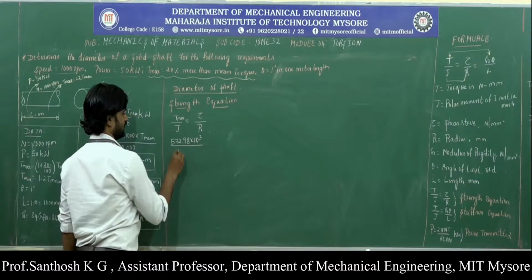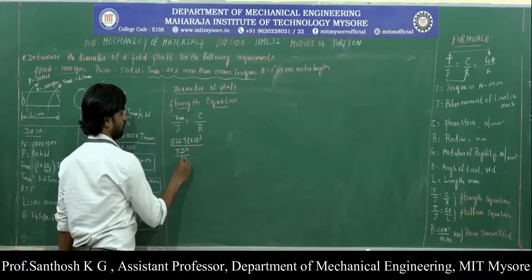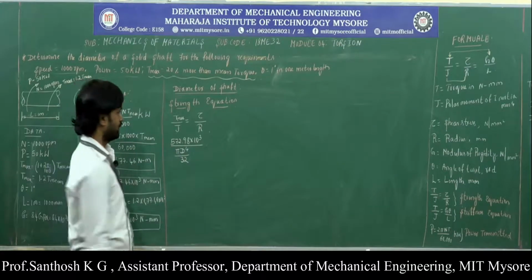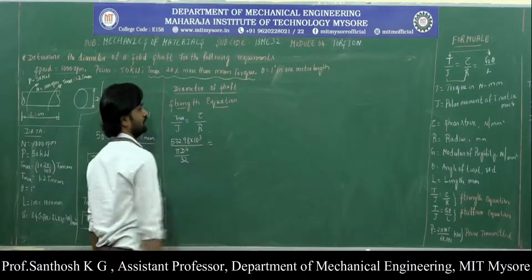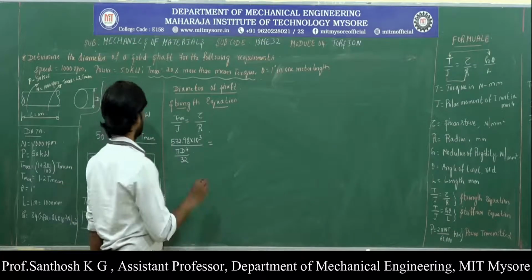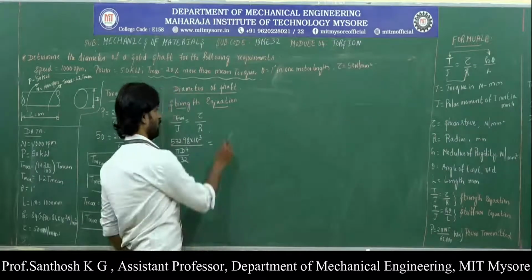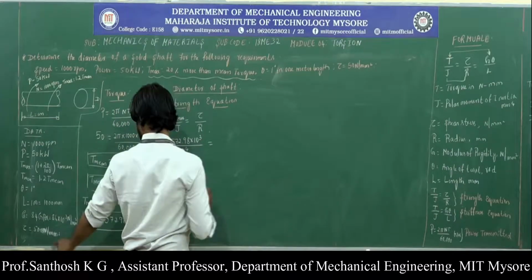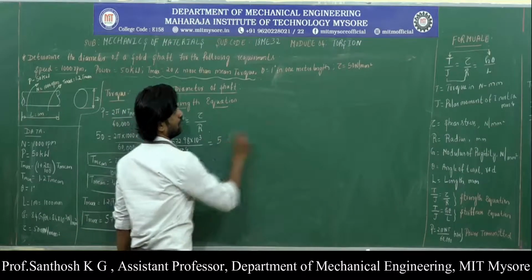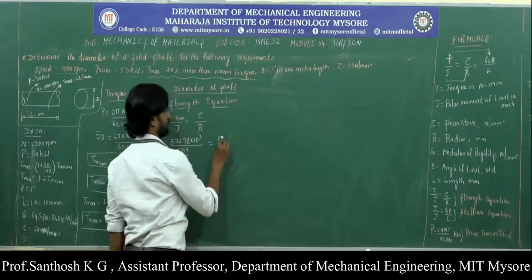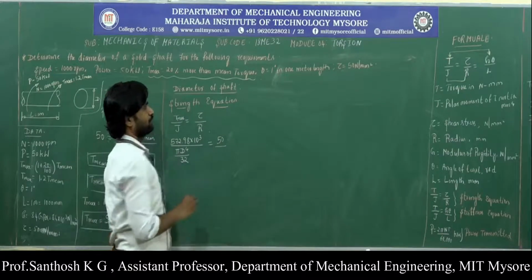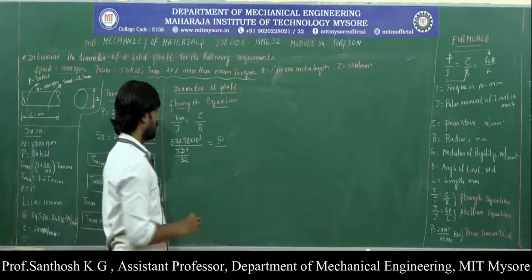The value of J is pi into d to the power of 4 divided by 32, equals tau. It represents the shear stress. The value of shear stress is 50 Newton per mm square divided by R.